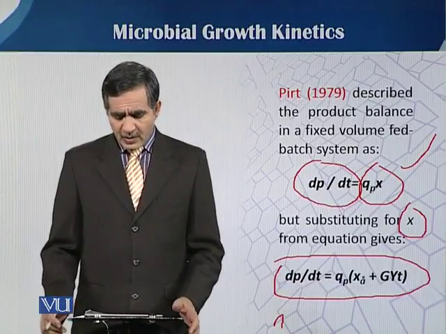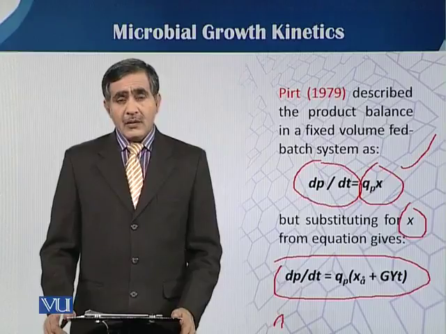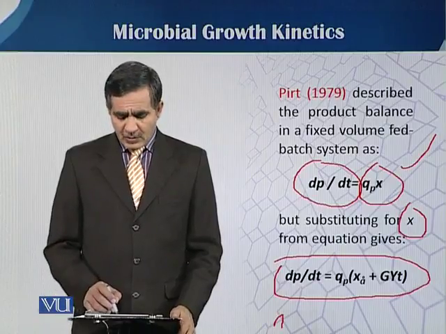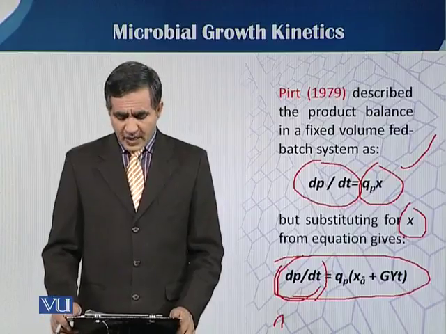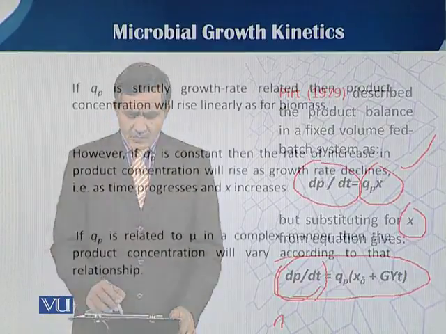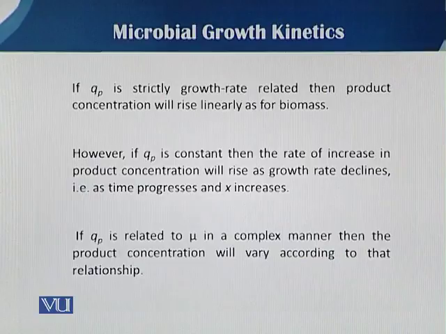If we put mu equal to D or G, then we can have this equation. So if the product quotient is strictly growth related, then product concentration will rise linearly with the biomass.